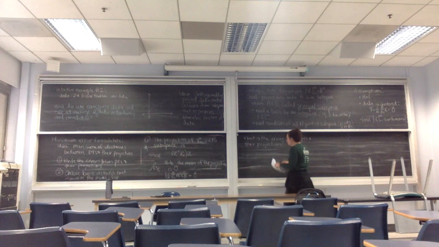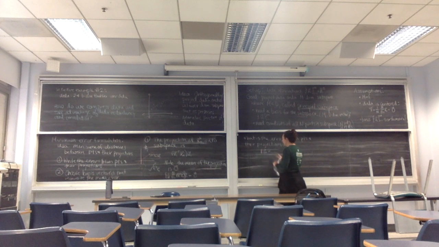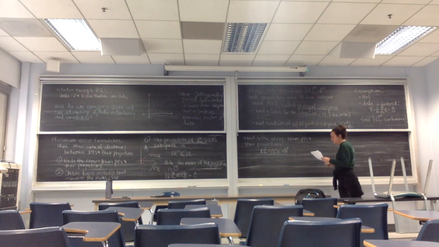Okay, so let's just write it down. The error is the distance between the nth data point and its projection onto the subspace, which was v1 transpose xn times v1. Okay, and let's just look at the squared distance, the squared error.